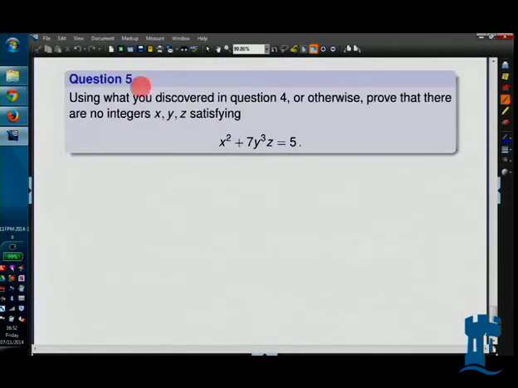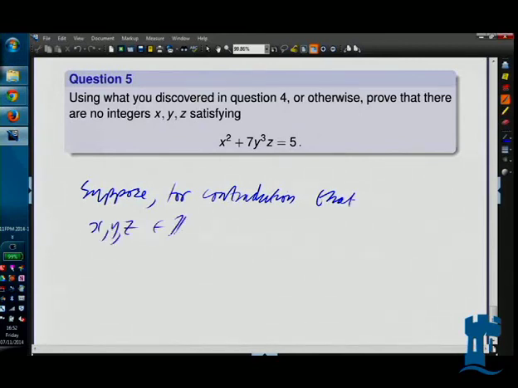So looking at this question 5, if you work modulo 7, well, suppose for contradiction that x, y, z are in Z with x squared plus 7y cubed z equals 5. Then working modulo 7, if 2 numbers are equal, then they must be congruent modulo 7.